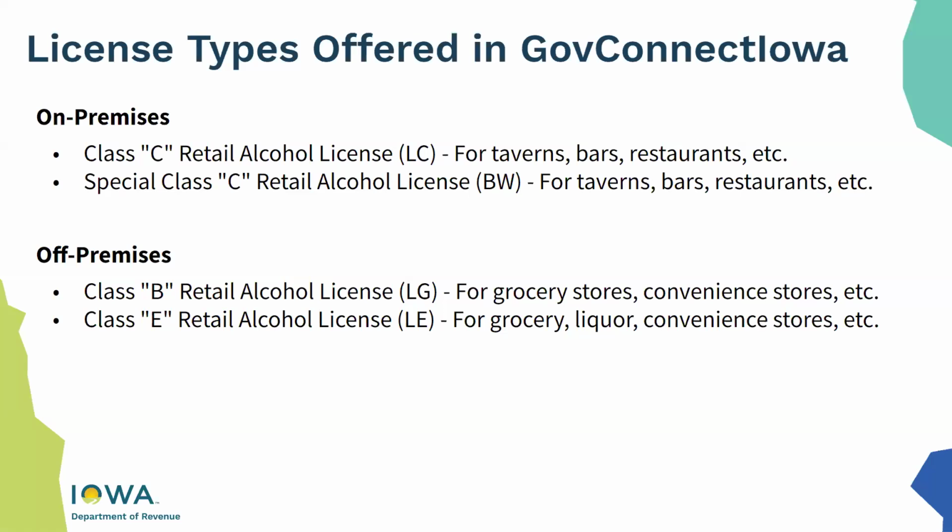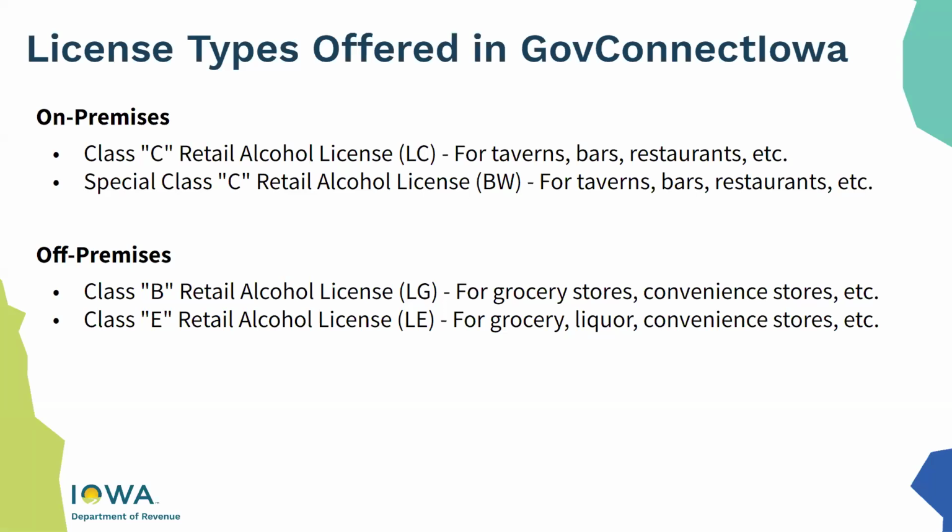So we have 4 license types currently available on the GovConnect Iowa website that users can either, again, apply for a new license or renewal. Our 2 on-premise license types that are available right now are our Class C retail alcohol license, our special Class C retail alcohol license, which is the beer and wine license for taverns, bars, and restaurants.